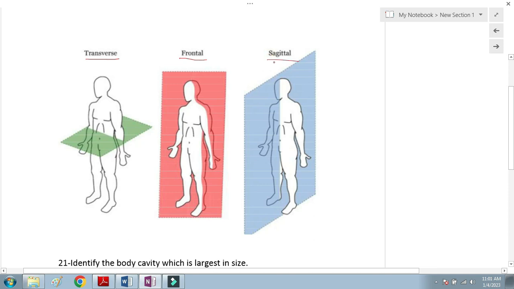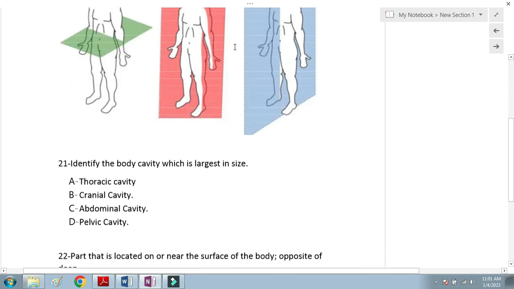Then sagittal, which is of two types: mid-sagittal and parasagittal. Mid-sagittal will divide the body into two equal halves, right and left. The parasagittal will divide the body into two lateral halves, but they are unequal. You have to keep that in mind.